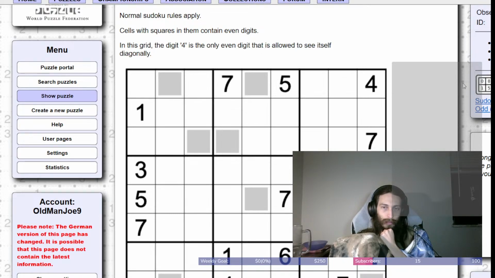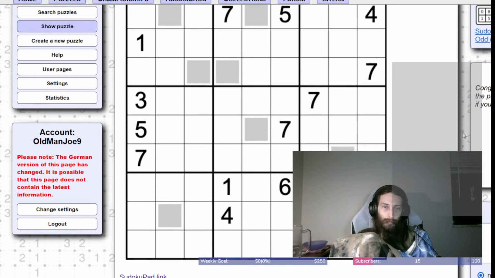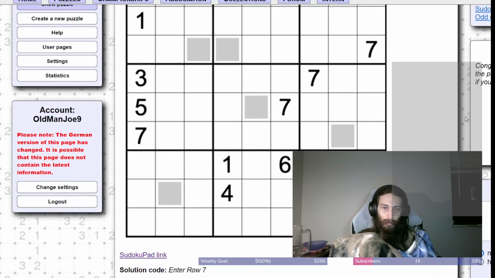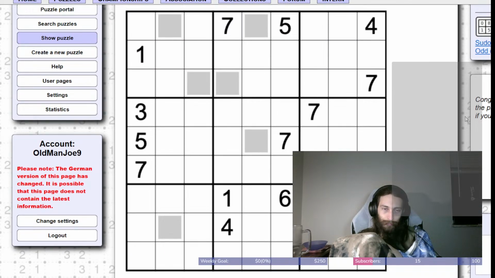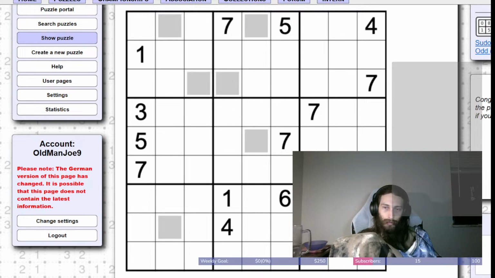I don't know, like if it was just a little bit more explicit about what it meant by see itself diagonally, I'd have liked that a little bit better. But I don't know. Most people seem to have gone with average, so that's probably a good spot to put it. Sounds reasonable to me. Yeah.